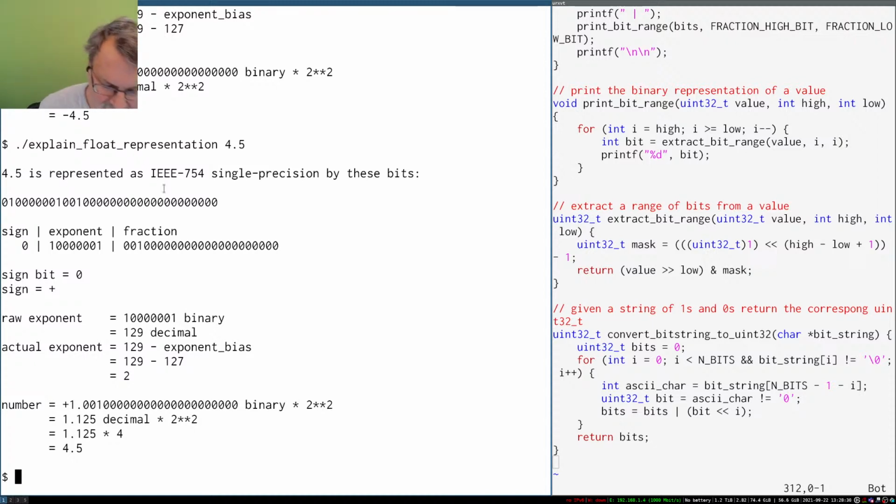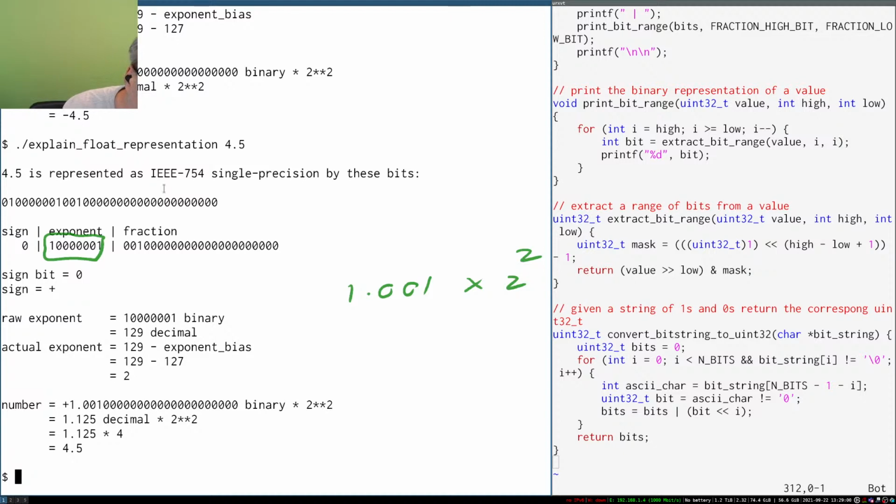Alright, I shouldn't have erased that, so let me put it back. So it's 1.001 times, we'll do it in base 10, it's times 2 to the 2. How did that 2 get to be here? Alright, exponents are stored in a slightly weird way. We add 127 to the exponent and then store it there.